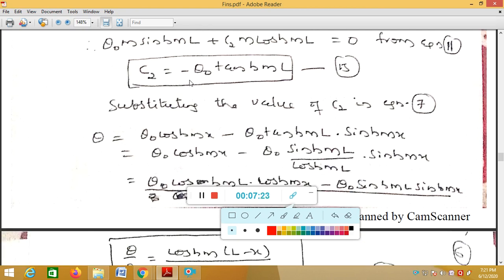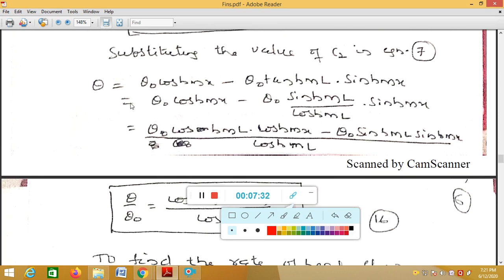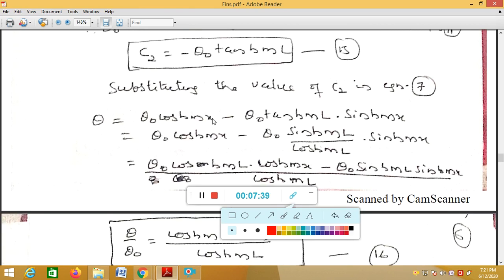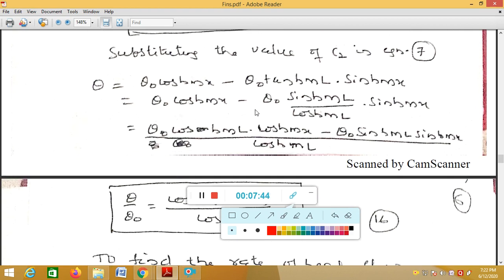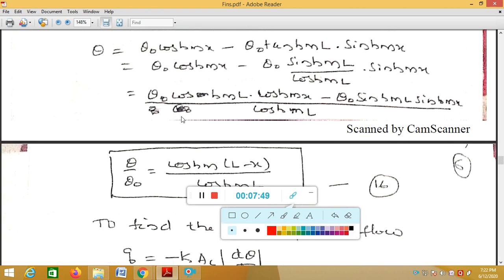Substituting the value of C2 equal to minus theta 0 tanh mL in equation 7, we get theta equal to theta 0 cosh mx minus theta 0 tanh mL sinh mx. That is theta 0 cosh mx minus theta 0 sinh mL divided by cosh mL into sinh mx.